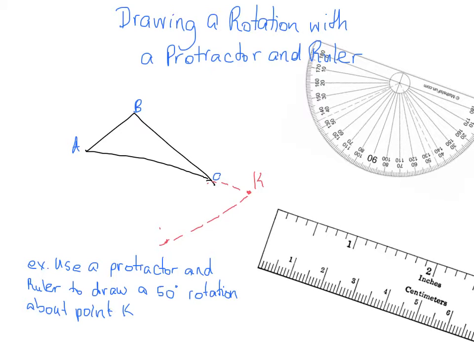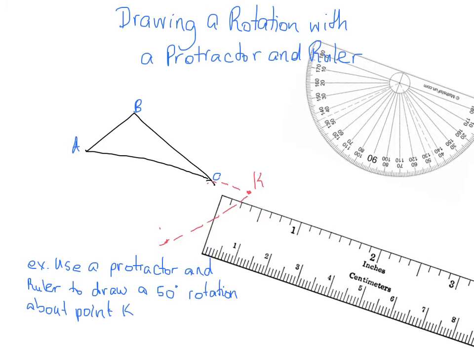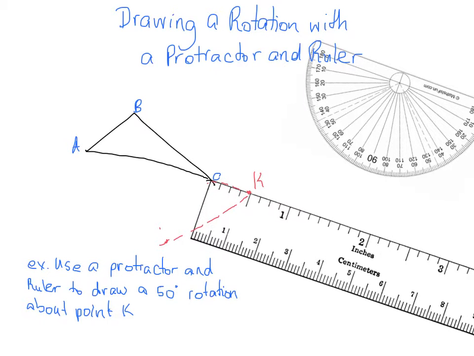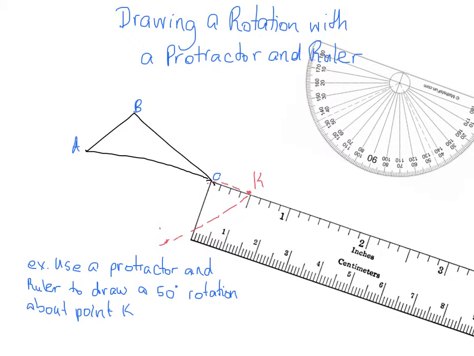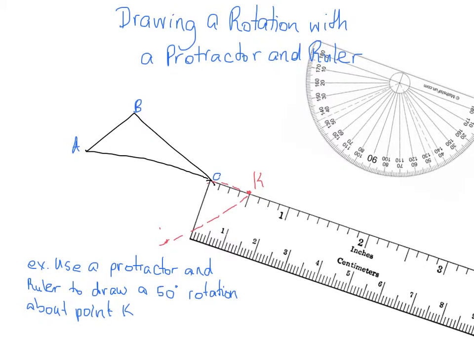Now, take the real ruler, well, I'll take my fake ruler, you take your real ruler, and we measure the distance from C to K. It looks about like half an inch, I would say. And here's the tricky part, because when I turn my ruler, it's going to change size. So I'm going to pretend like it's staying the same size.